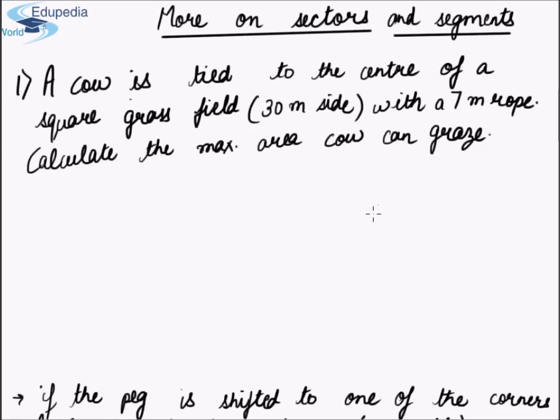Friends, the question says a cow is tied to the center of a square grass field which is 30 meters inside. That is, we have a grass field square in shape which is 30 meters inside.